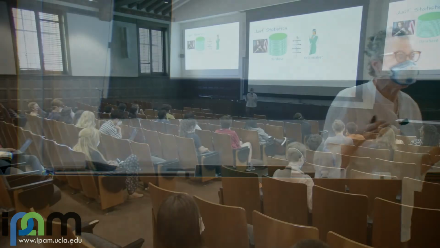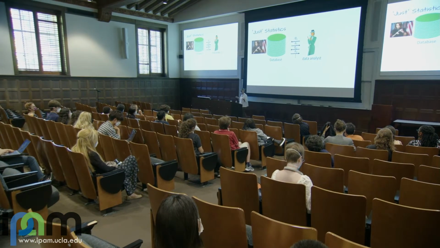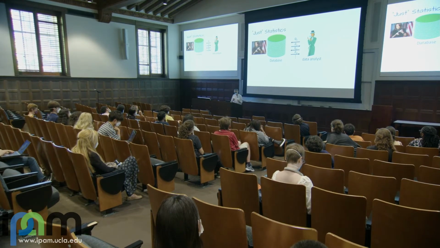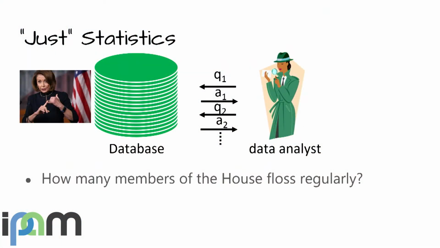Our intuition is that if we ask how many people in the sample floss regularly, we get an answer, it's not going to be very disclosive. But that's not always the case. Suppose we ask, how many members of the House of Representatives floss regularly? And we get the exact answer.